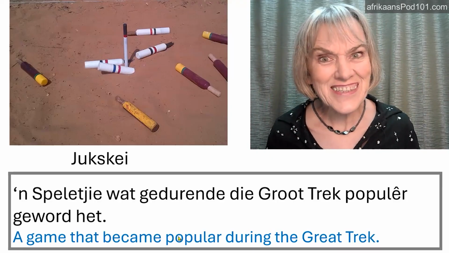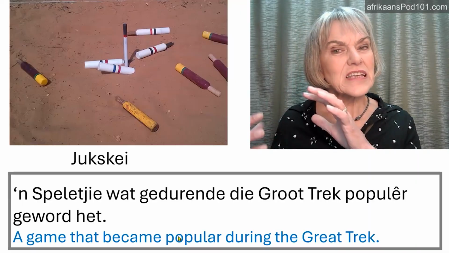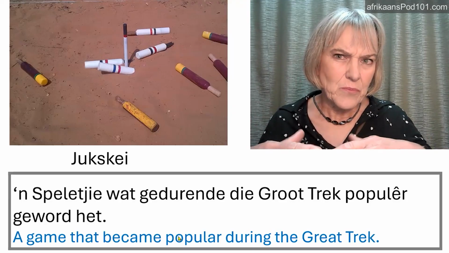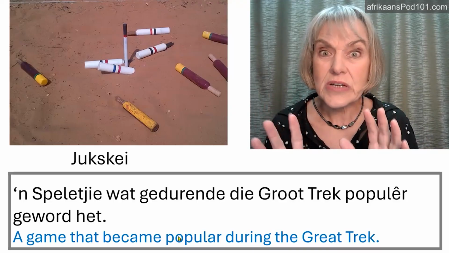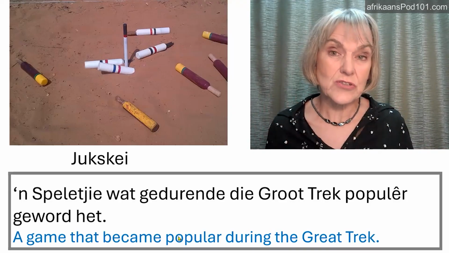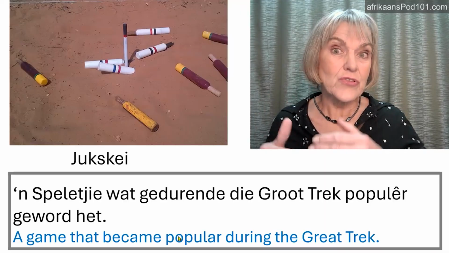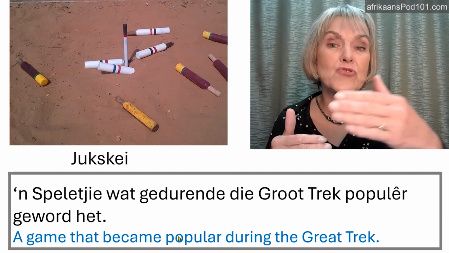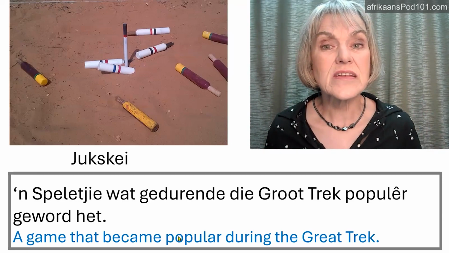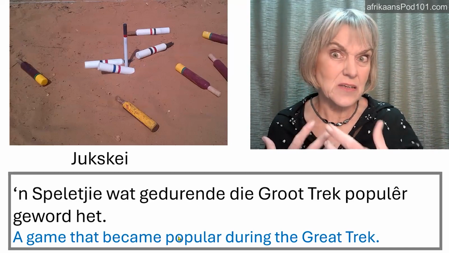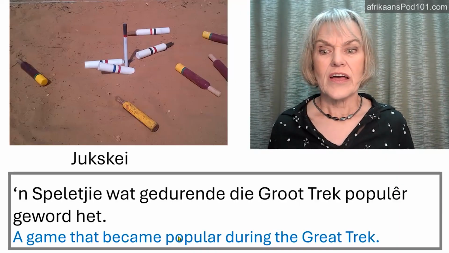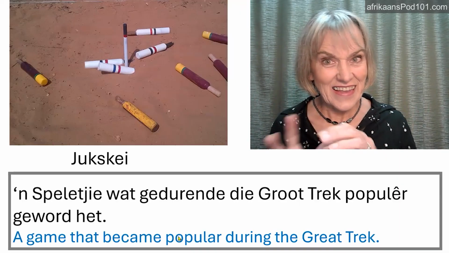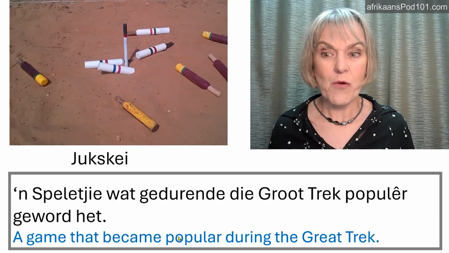Now, this happened in South Africa as well, because the English annexed the Cape and started moving north. And the Boere, the Afrikaners, did not want to live under the English. So they wanted to have their independence, their national independence, so they moved north, and this is called the Great Trek. Trek is a move. So this became very popular during that period, and I'll explain just now why.